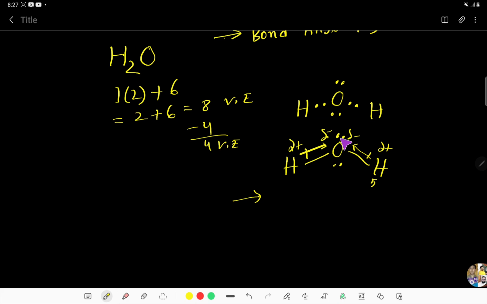Due to the bent structure, this dipole moment and this dipole moment don't cancel each other, so you will have a net molecular dipole moment for water. That is why we can say that H2O is a polar molecule, that is, it has a net dipole moment.